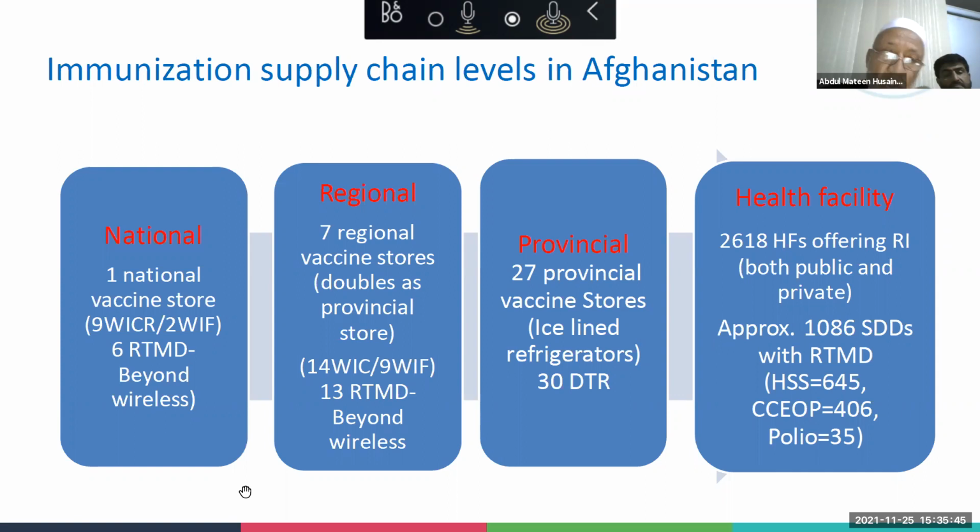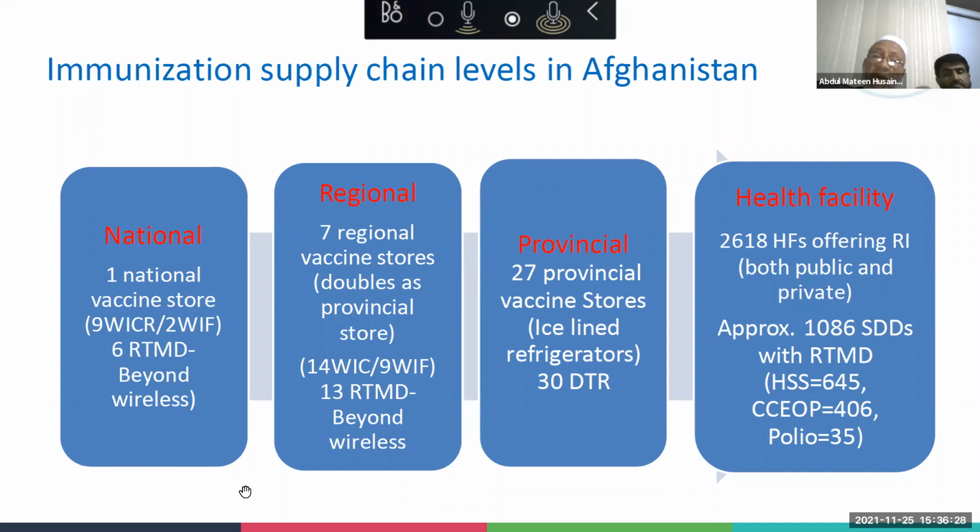One is the national vaccine store, where we have 9 WIC and 2 WIF. In these 11 working cold rooms, we are using 6 RTMD Beyond Wireless systems. We have 7 regions in our country, with 14 WIC and 9 WIF, and for all of them we are using 13 RTMD Beyond Wireless systems.